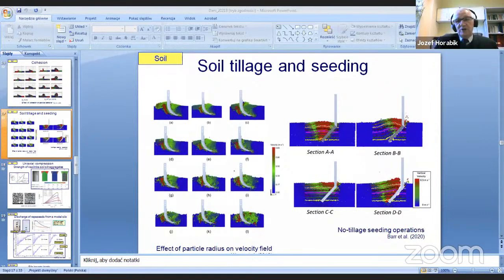Okay, I shifted to slide number 17 but I'm not sure. Do you see the proper slide or not?